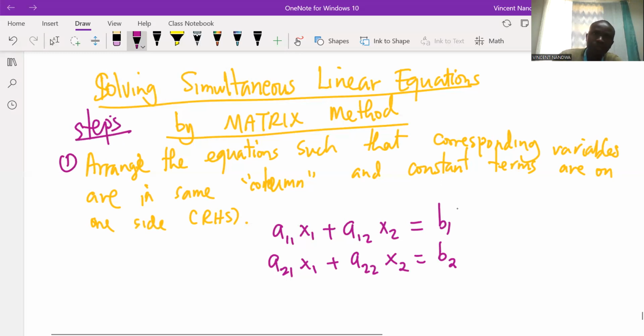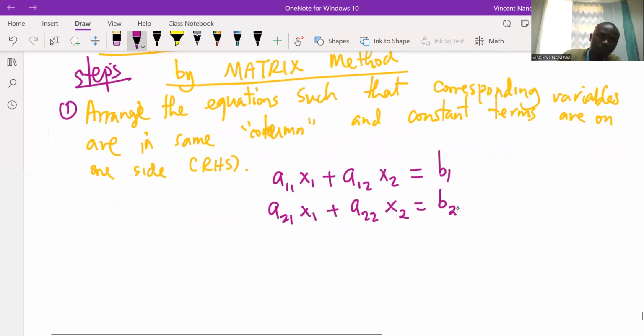Now, step 2. Once we have rearranged such that constants are on the right-hand side and variables on the left-hand side and in line, next, form the matrix equation.